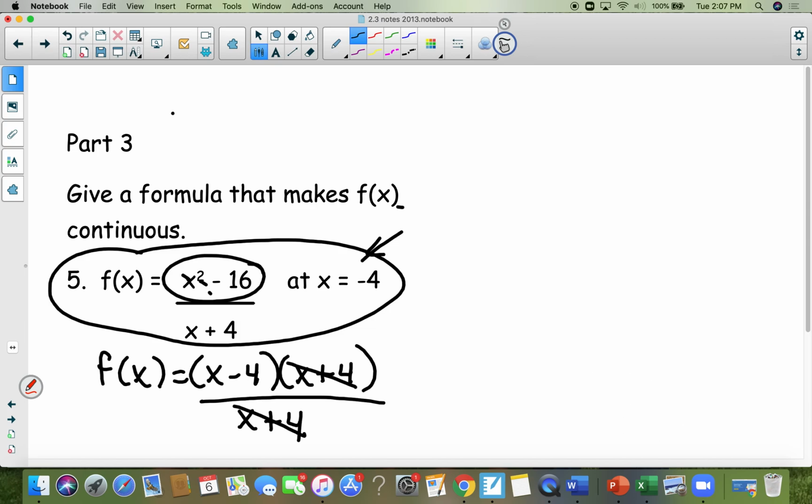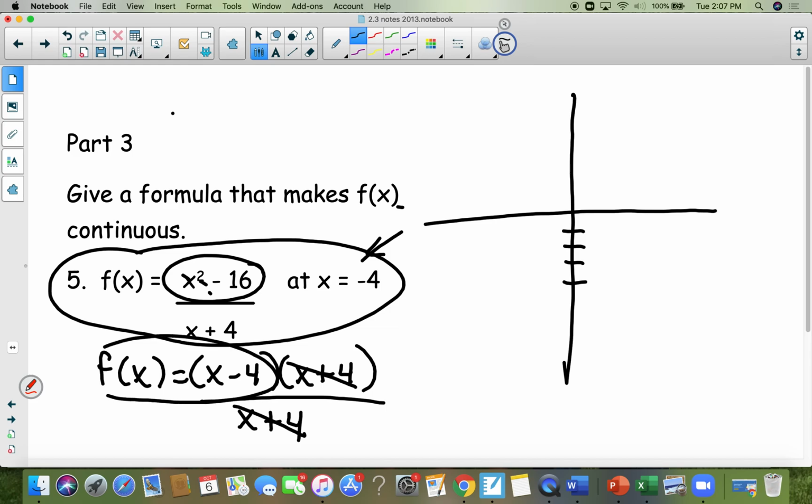I'd rather just graph it. It looks like this. So I did x squared minus 16 over x plus 4, and this is what it looks like, correct? And doesn't f of x equals x minus 4 also look like this?